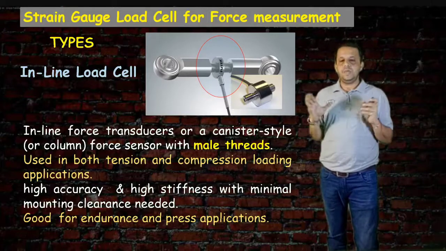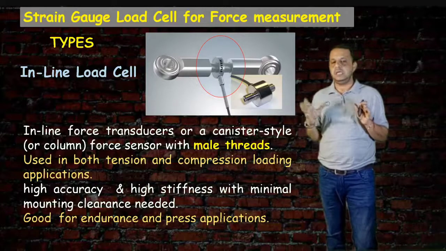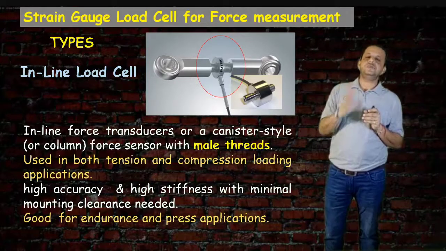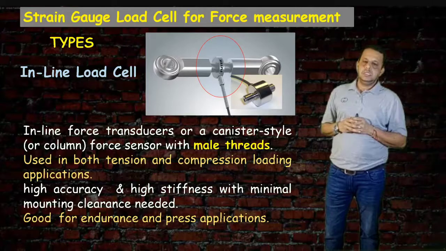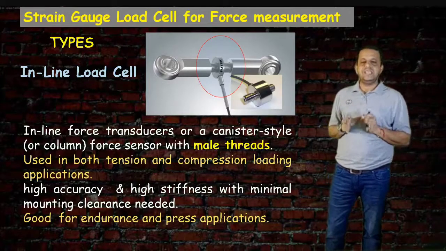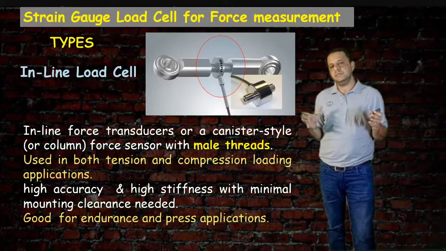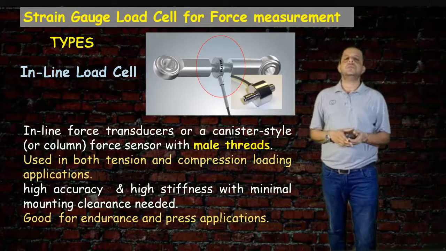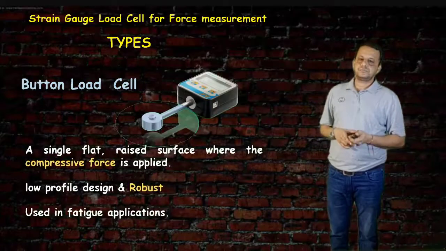They are very stiff and highly accurate, minimum mounting space is required, and they are good for endurance and trace application. They can work with tensile as well as compressive force application.